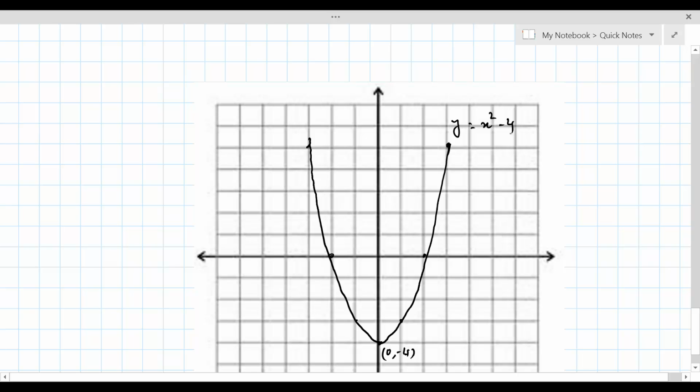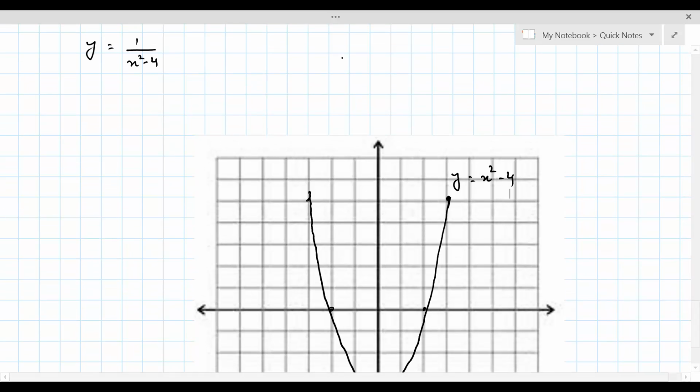And now we want to draw the graph of its reciprocal function y is equal to 1 over x square minus 4. So obviously we are going to find out its asymptotes. Vertical asymptotes are x square minus 4 is equal to 0, means x equal to plus minus 2. So here this line is the vertical asymptote.